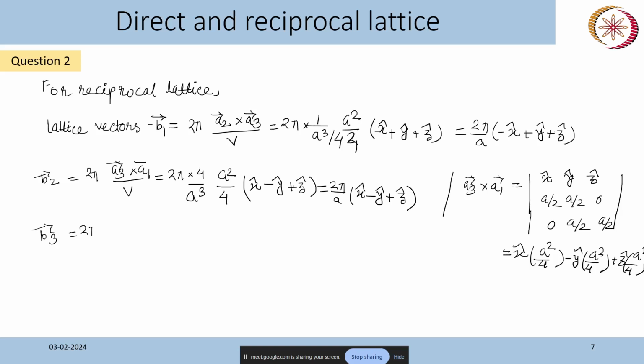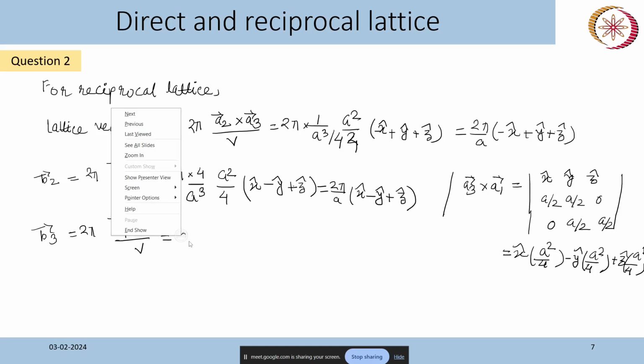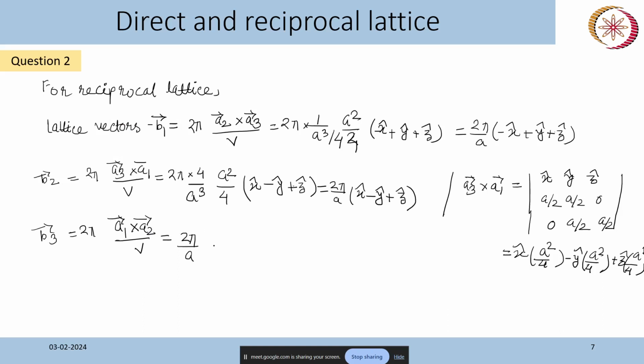B3 will be 2 pi A1 cross A2 by volume, and the final answer, if you do the calculation, I'm just looking at these values, like here x is minus, here y is minus, so you can do the calculation and you will also get the final answer as 2 pi by a, x cap plus y cap minus z cap.